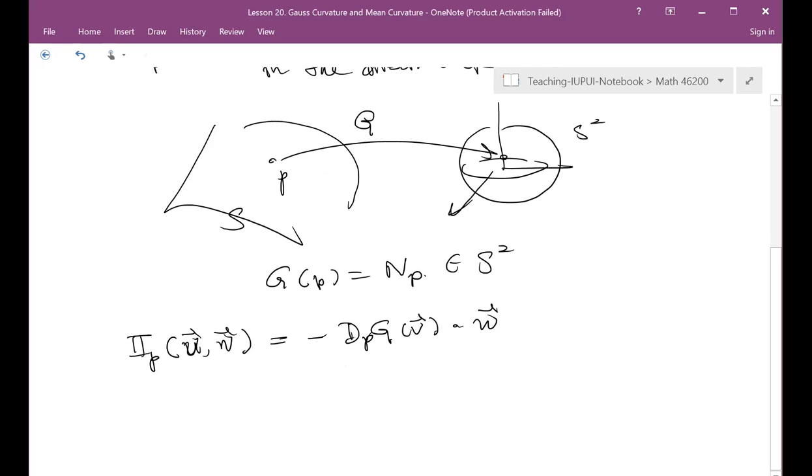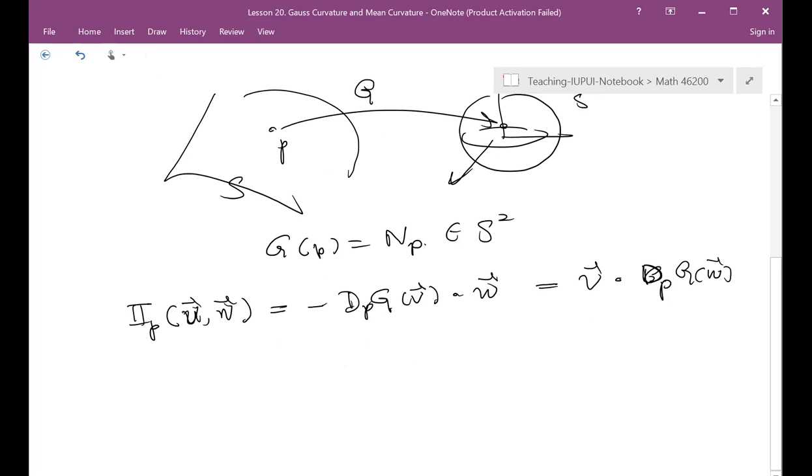One can also show that this is v dot dN_p(w). This is the relationship between the Gauss map and the second fundamental form. This differential of the Gauss map was also studied by Weingarten, so it's also called the Weingarten map.